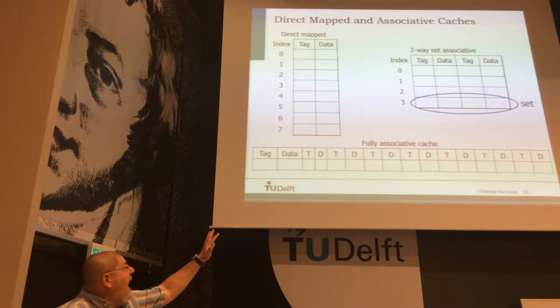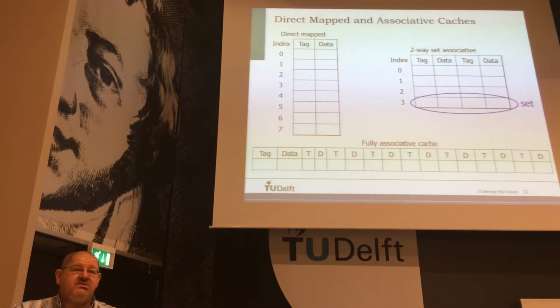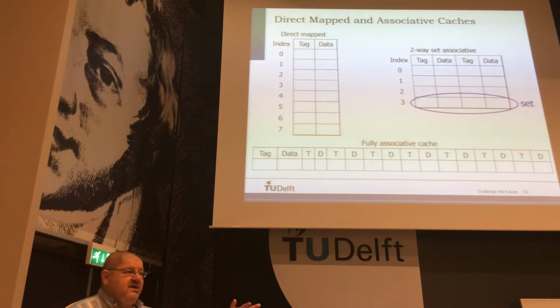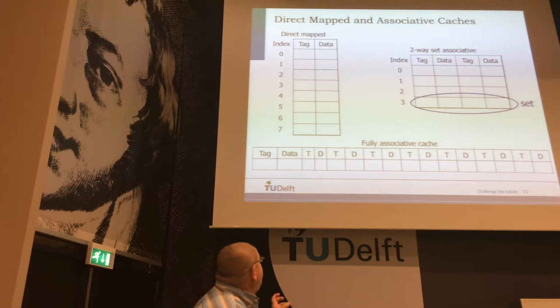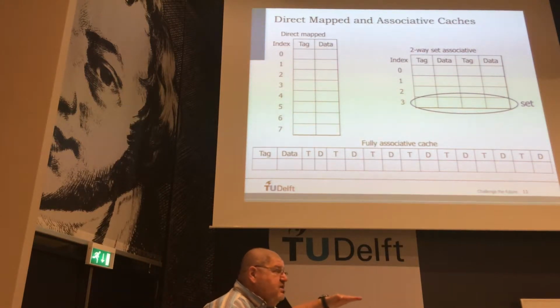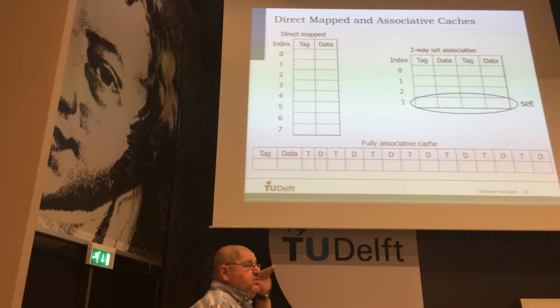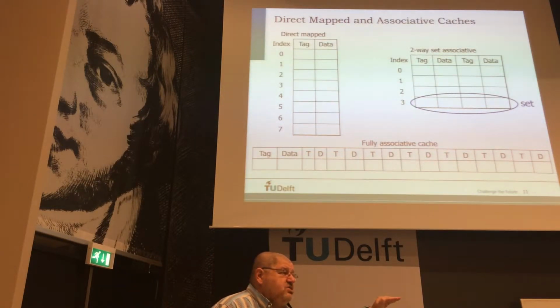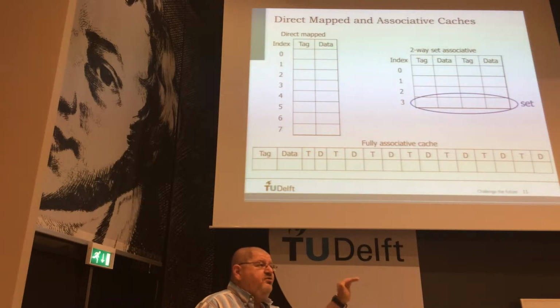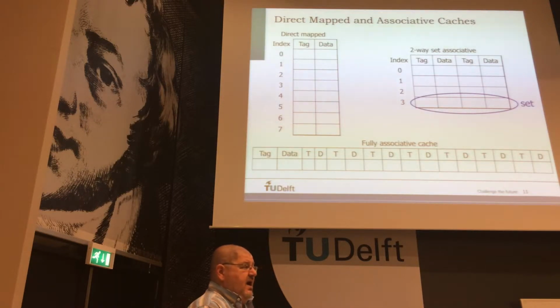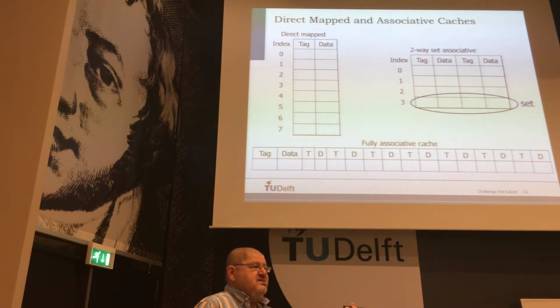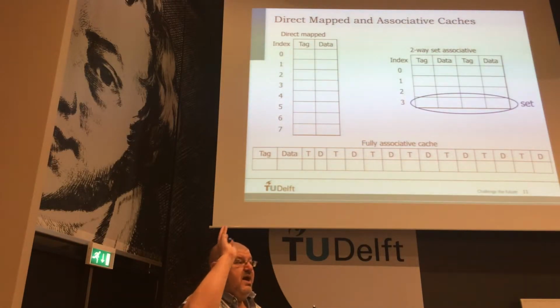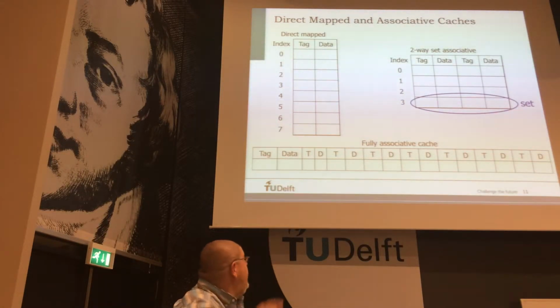Then, I have 2 extremes. One is my initial story. Each location will map into one possible location in the cache. Then I have no freedom whatsoever. I take the bits, and based on the bits that I'm using as address, location in the main memory in address A will always go into A prime in the cache.